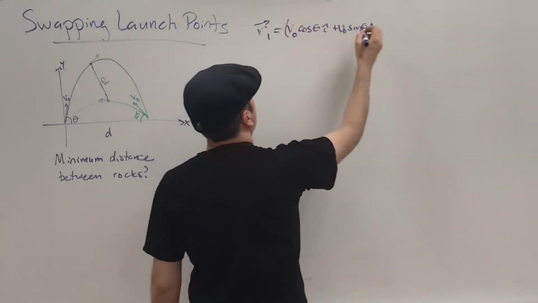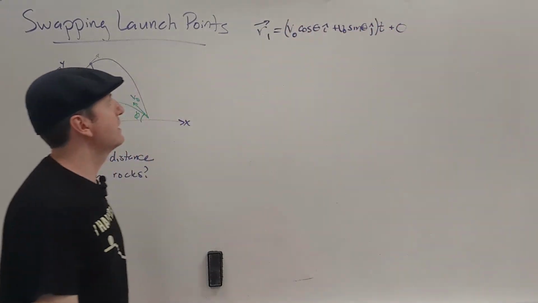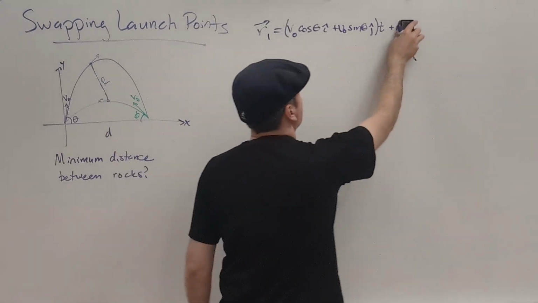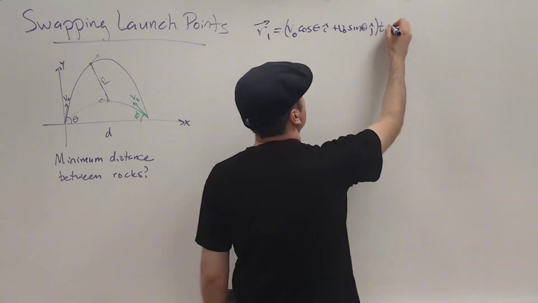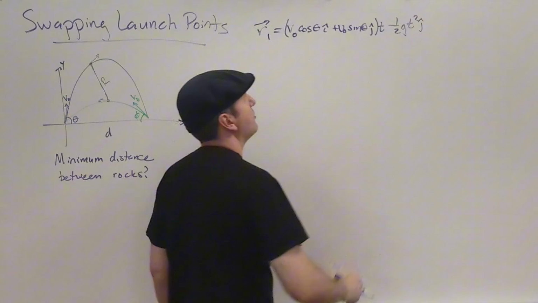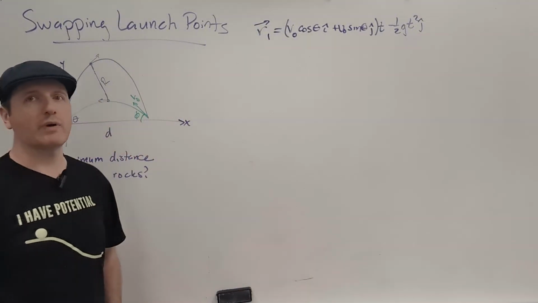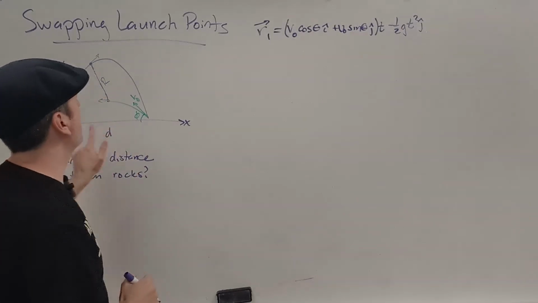All of that is multiplied by the time t, and it's not accelerating, so I'll put a little +0 there. Well, sorry, it's not accelerating in the x direction, but of course it is accelerating in the y direction. So the term that accounts for the y acceleration will be a -1/2 g t squared in the y direction only. Okay, so that's the position of rock 1.